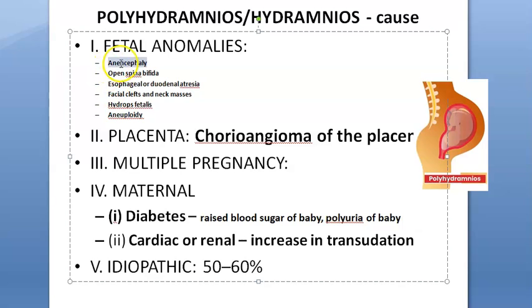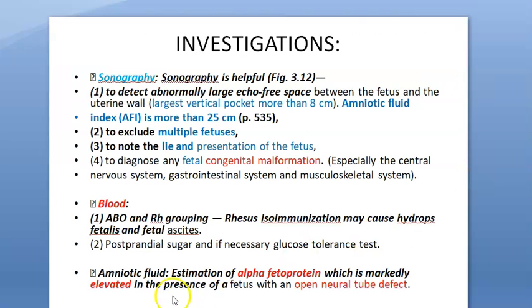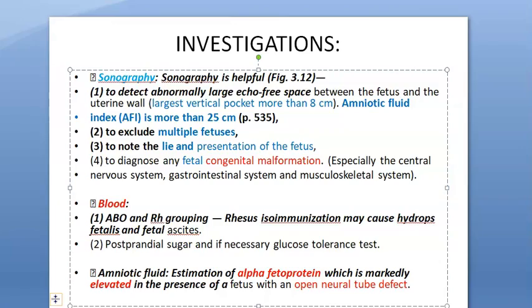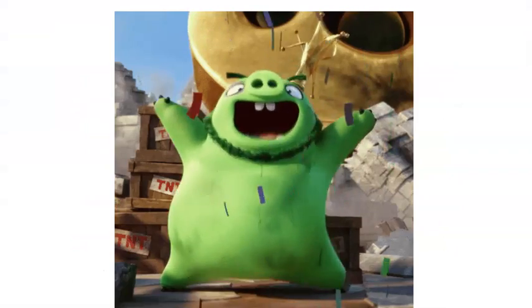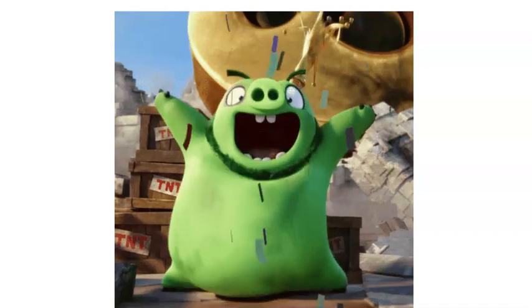That's why they told you anencephaly, open spina bifida, all these are open. Okay. So that's what you should understand. So they're checking alpha-fetoprotein. Where are we? We are in investigations, right? Okay. We're done with investigations, people. Great. You have finished investigations for polyhydramnios. Very good, people.